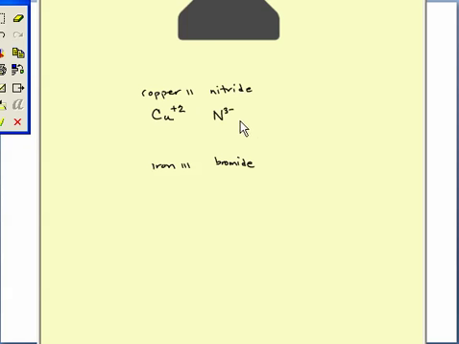Now I'm going to follow the same procedure that I used for my other ionic compounds and switch the numbers associated with the charge. So I bring my 2 down here and my 3 next to the copper, and so I end up with Cu3N2.